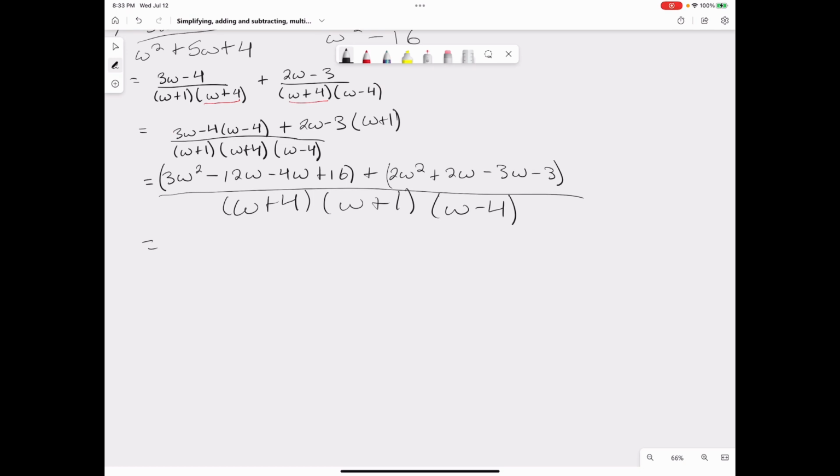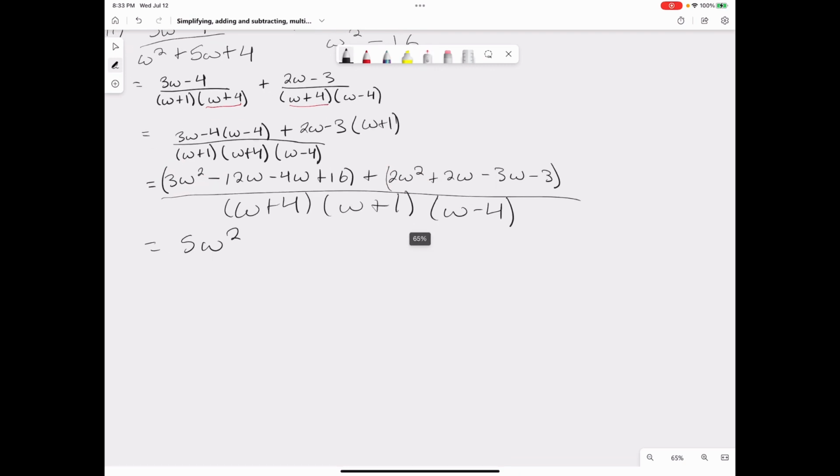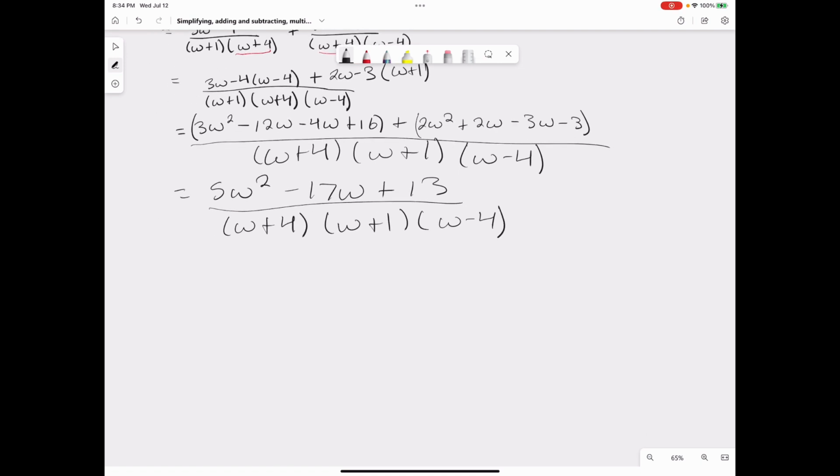We're going to end up with 5w squared, which is the 3w squared and the 2w squared combined, and then negative 17w plus 13, over w plus 4, w plus 1, and w minus 4. And it is as simple as you can get this expression.